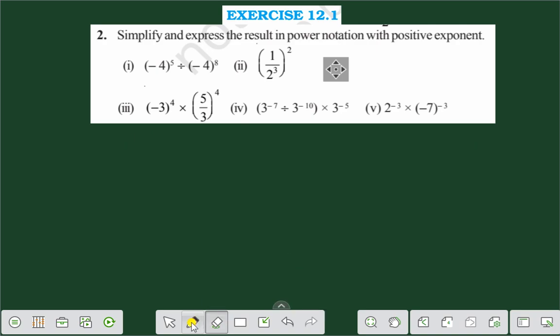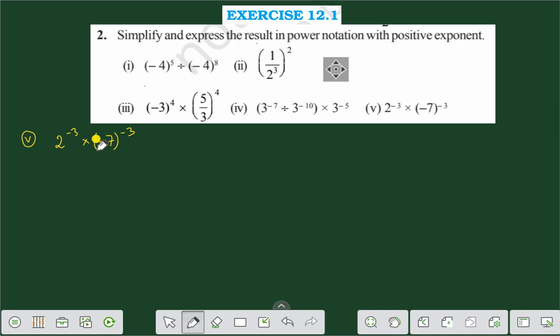Question number 5 is 2^(-3) into (-7)^(-3). Here you see the base is different but the power is same, right?